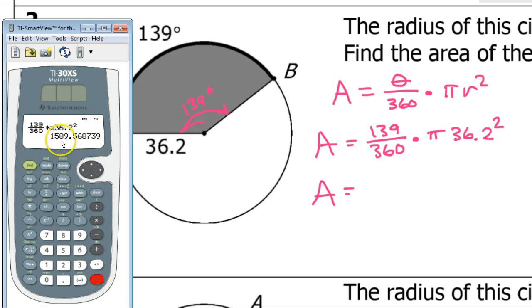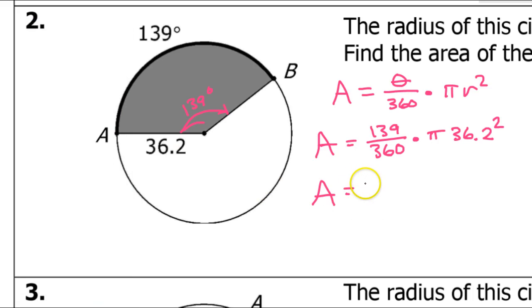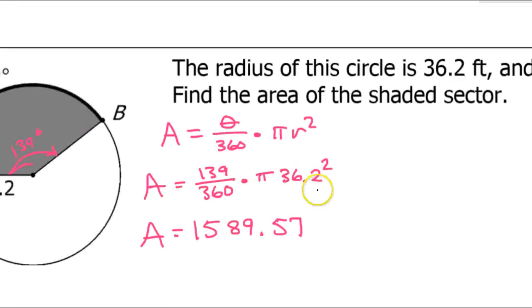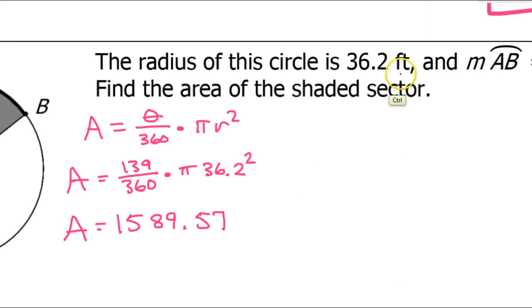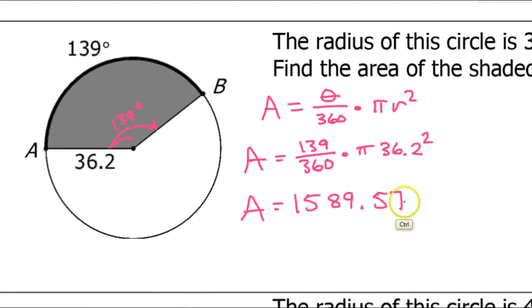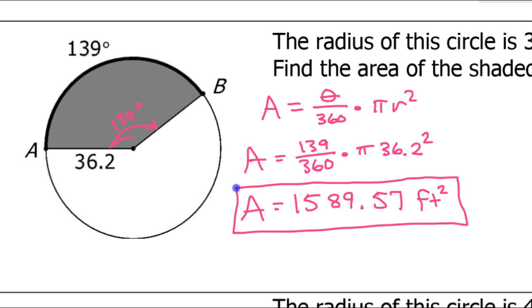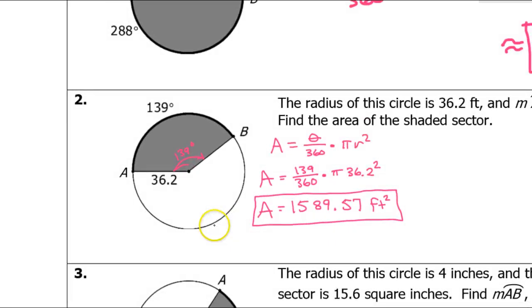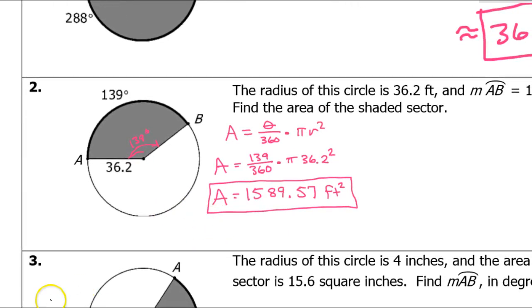And that's it, 1589.57. What are the units? The units are feet. So since we're talking area, this will be square feet. Feet squared. So that is the answer for problem number 2.